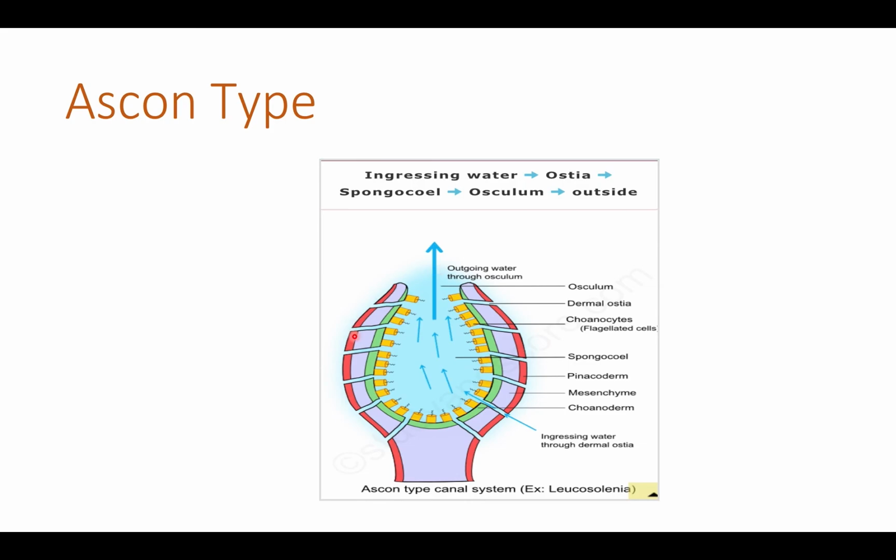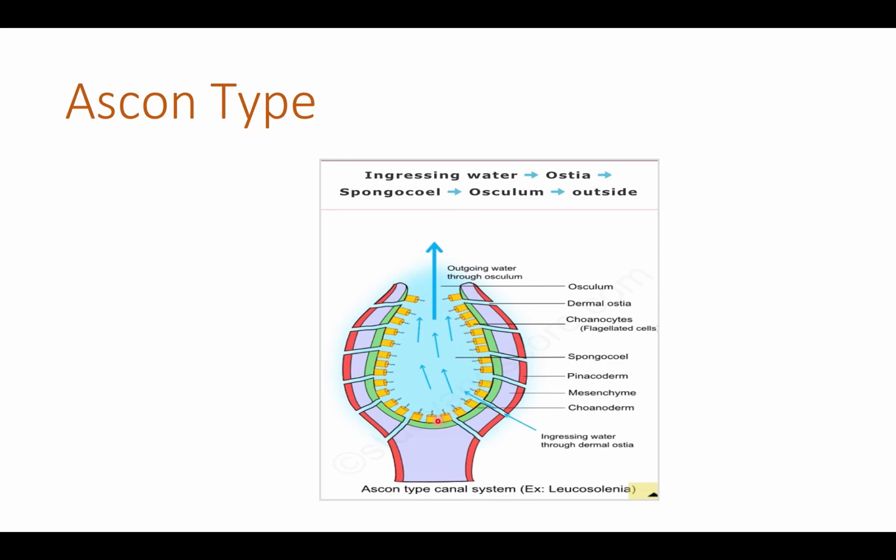So how does it work? The surrounding water, if you assume that this is water, enters the canal system through ostia. The flow of water is maintained by the beating of flagella of collar cells.